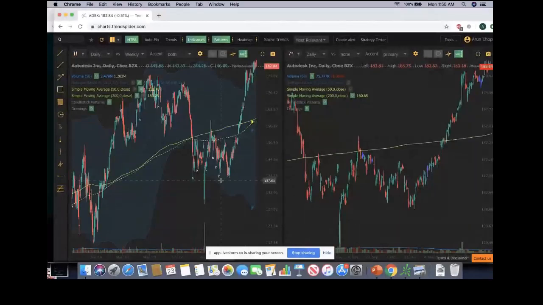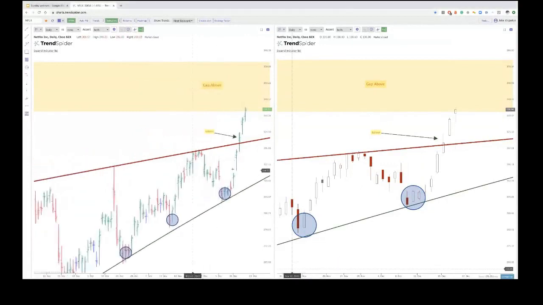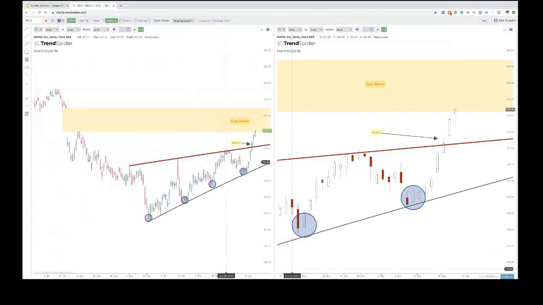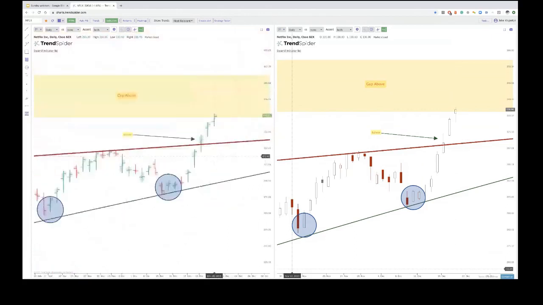One thing that I'm going to touch on here shortly, I'm just going to go back to my screen, is to visualize some volume flow. So this is a really cool example on Netflix, and this actually happened this week. We had this really big ascending wedge forming here, and we finally broke through this resistance.